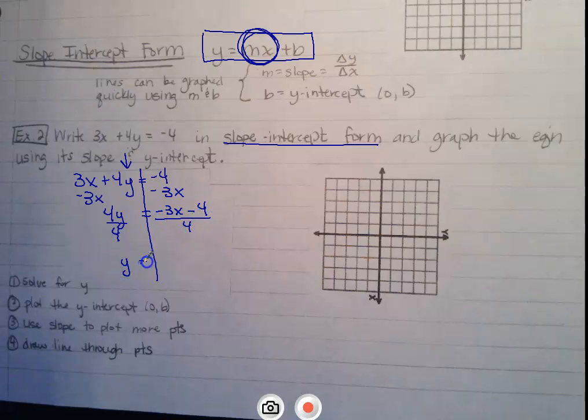So then we're going to have y equals negative 3/4 x minus, what's 4 divided by 4? 1. There's our slope-intercept form. So what's the slope here? The negative 3/4. Good. And what's the y-intercept? Not 1.